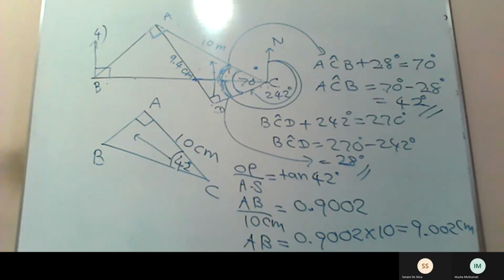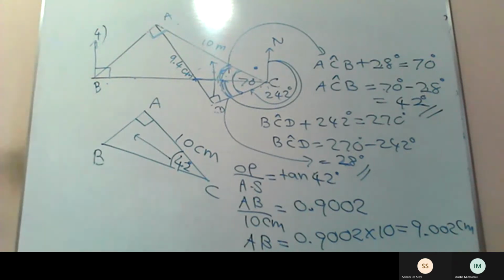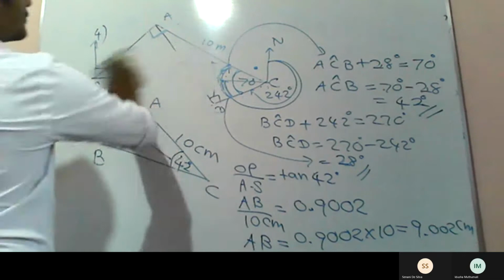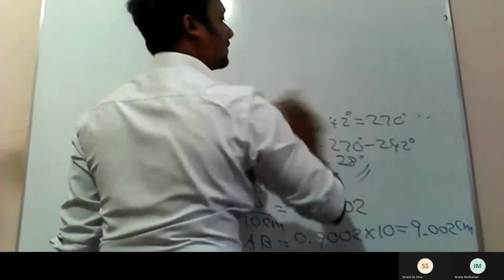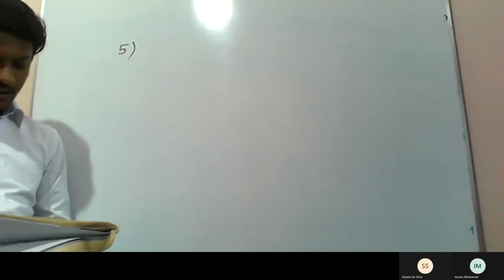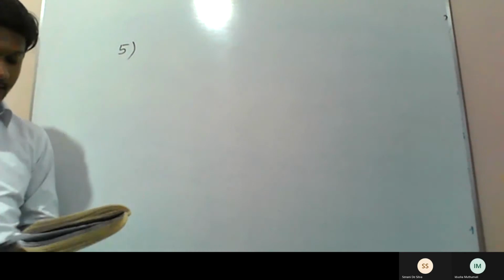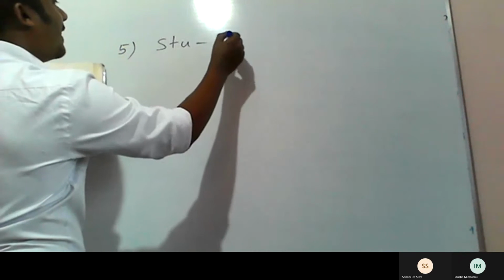Right, okay. Next, question number 5. The total of 16,500 is collected. Each student, rupees 150.